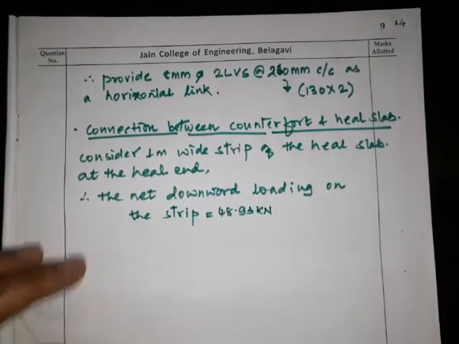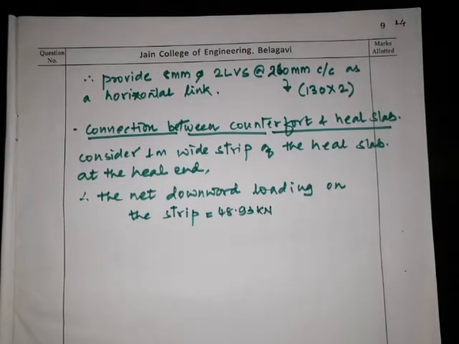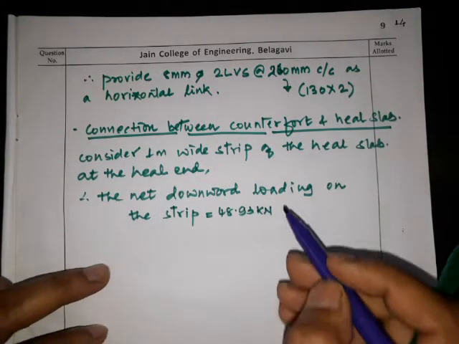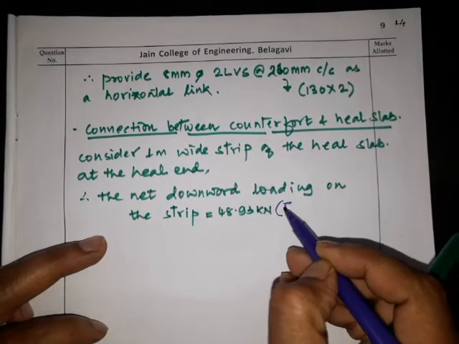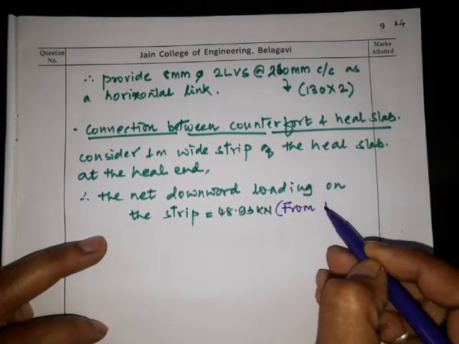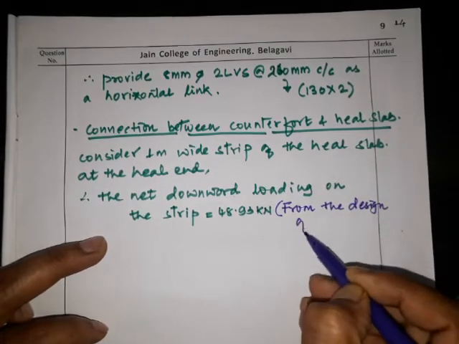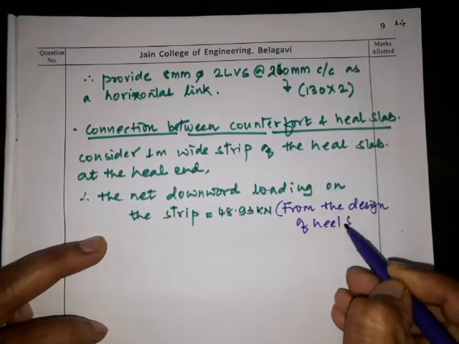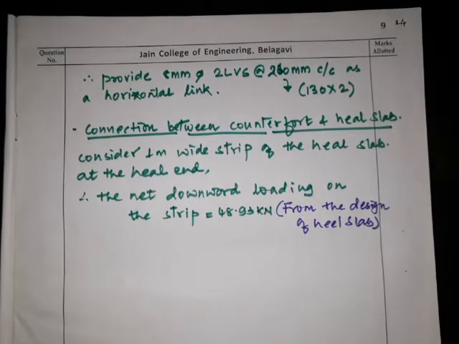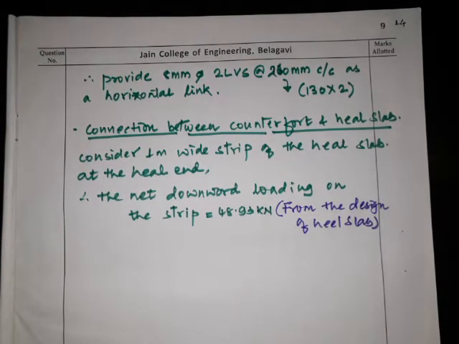So this is the net downward loading on the strip, 48.93 kilonewton. We will get it from the design of heel slab. Correct?